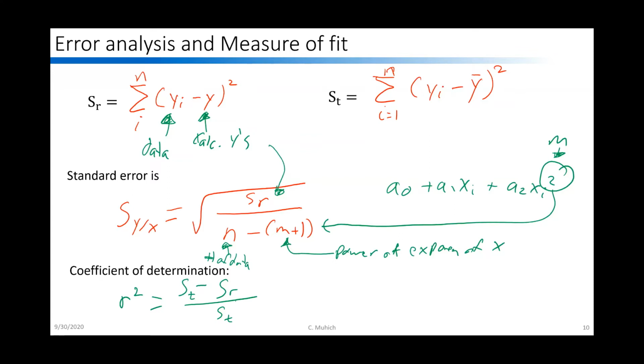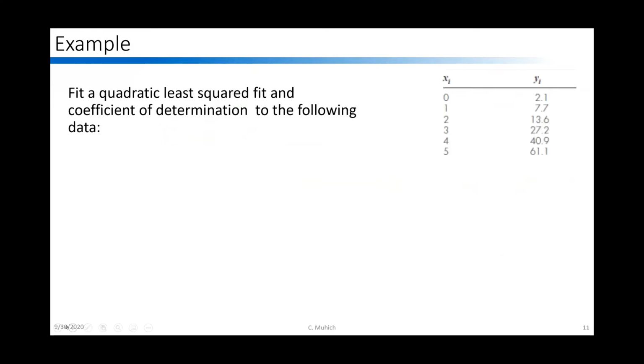Okay, let's put this into an example. Here we're going to fit a quadratic function using least squares fits to a data set shown over here. After we have that data set and the fit, we want to determine the coefficient of determination.